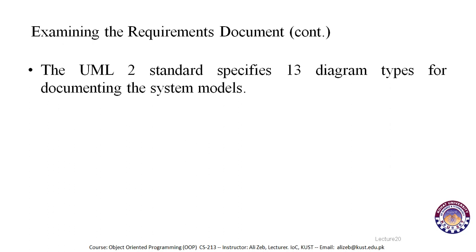UML2 provides 13 standard diagram types for documenting the system models, and these are the standards that are used by system designers before they develop software.